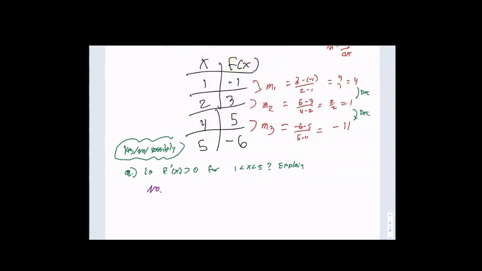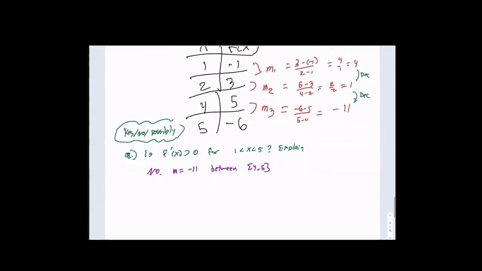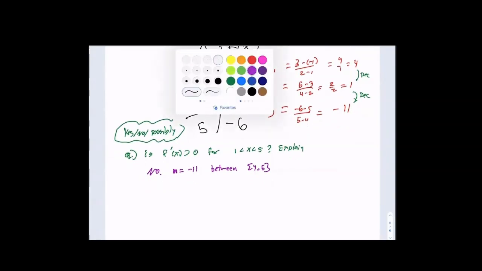No. And the reason is because the slope is equal to negative 11 on the interval 4 to 5. So on the interval 4 to 5, it's negative. So this is a no on that interval 1 to 5. Okay. B.